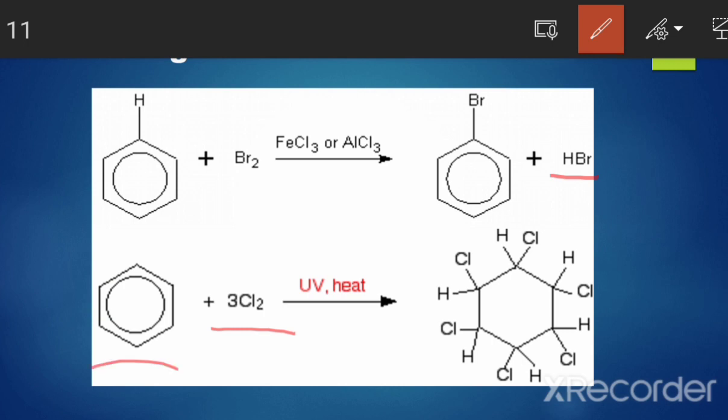It will react with three molecules of chlorine in the presence of some UV light and heat, and it will break the bonds inside the benzene ring, and the pi bond breaks to fill the carbon valency. These chlorine atoms will attach to the carbon atoms.